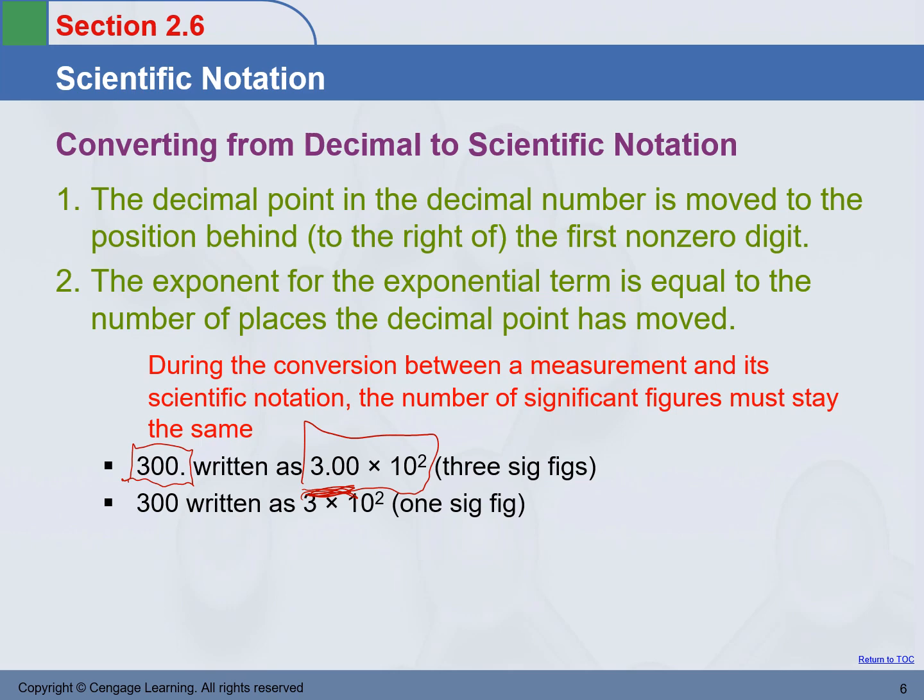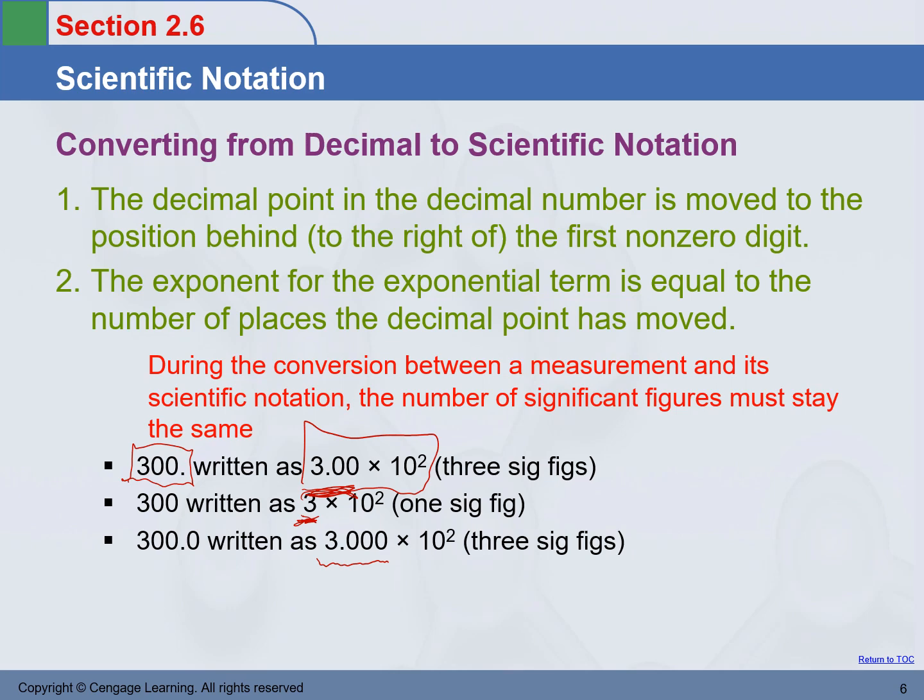A number reported as 300, no decimal. 300 has only 1 sig fig. After converting into a scientific notation, the coefficient needs to be 1 sig fig. 300.0 to scientific notation. 300.0 has 4 sig figs, so the coefficient must be 3.000.